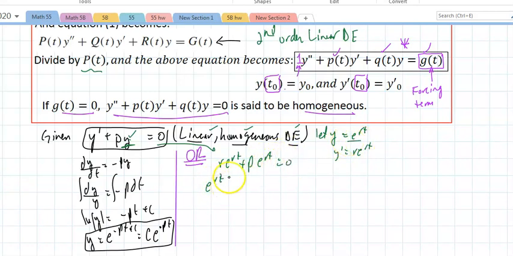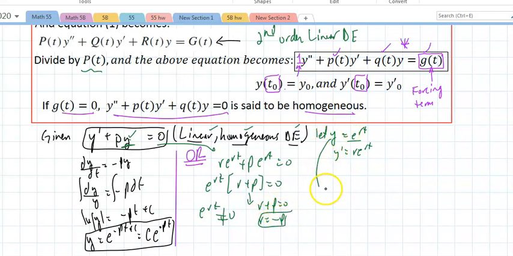Factor e to the rt out, you'll have r plus p equals 0. We know that e to the rt cannot equal 0, so it must be that r plus p equals 0, or r equals negative p. And if you take my assumption and say y equals e to the negative pt, and just give it a constant, that will work.